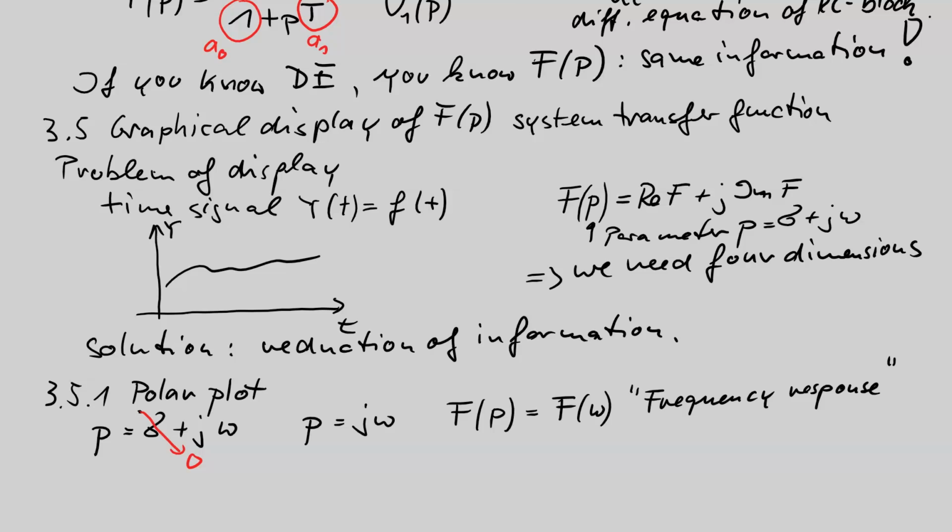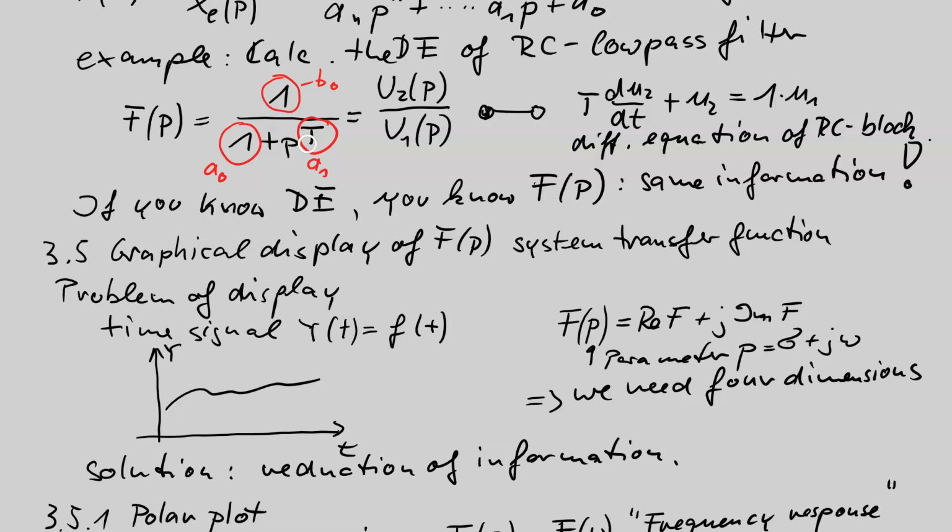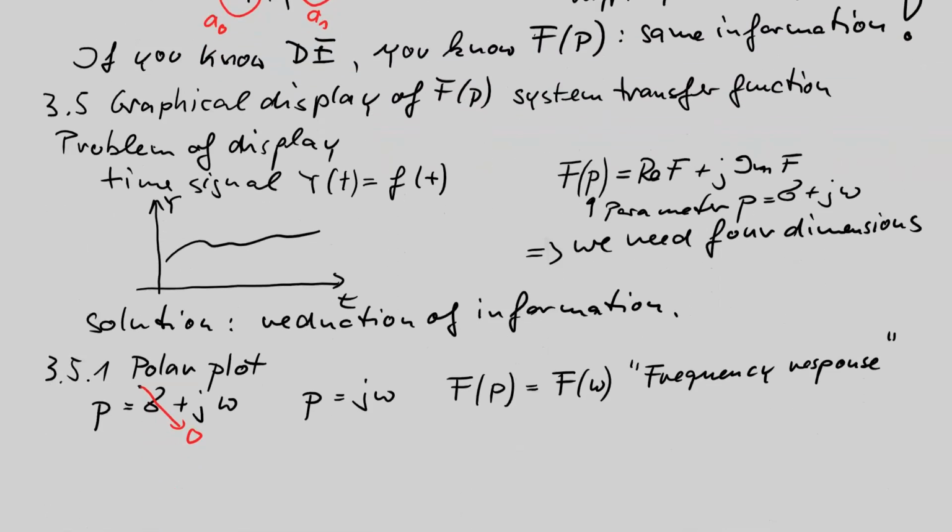Note that we set the real part of p to 0, so the imaginary part is not 0. That means the function here, look for this example, if there is an imaginary part, this is real, we have still a complex function.